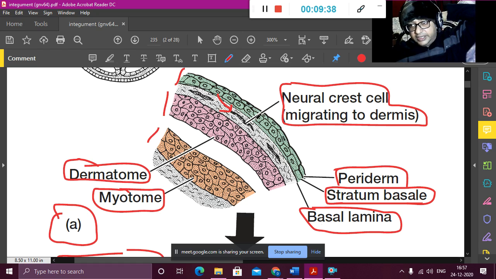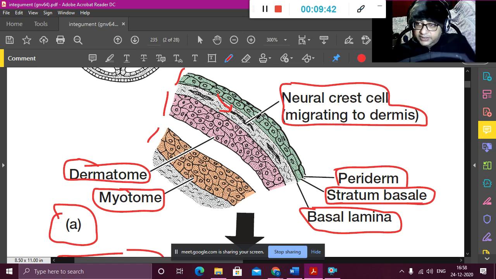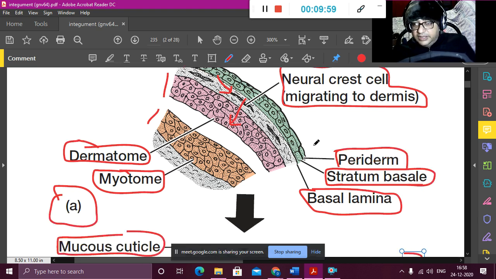And these neural crest cells, or the nerve fibers, nerve endings or nerve cells, they are ectodermal in origin, but they will migrate into the dermis here. They will eventually migrate to this region here. So this is how development takes place.